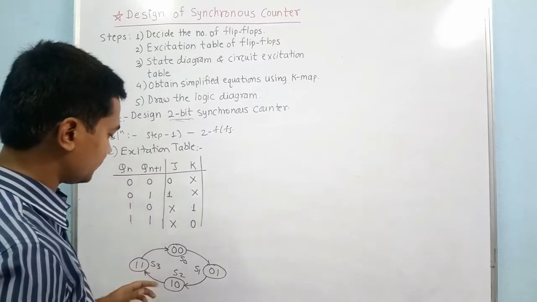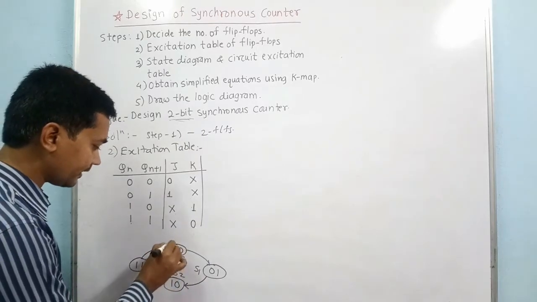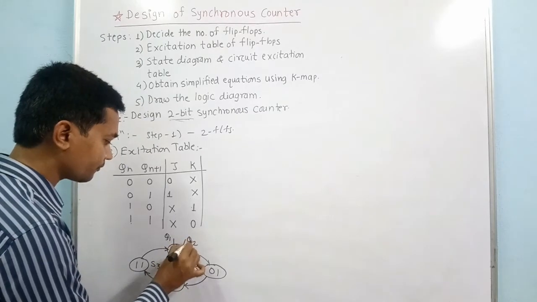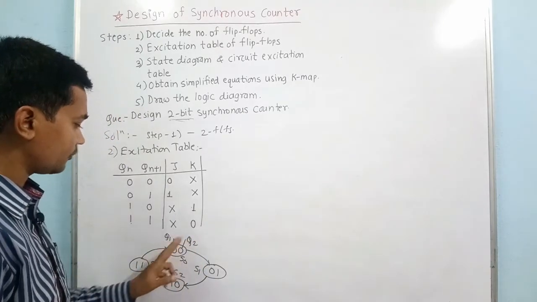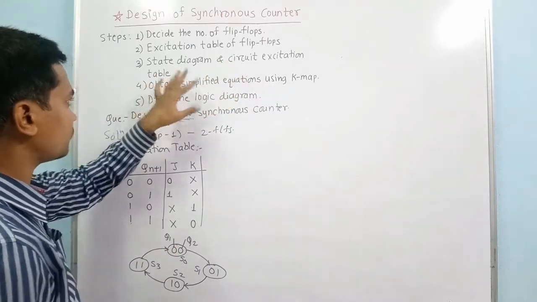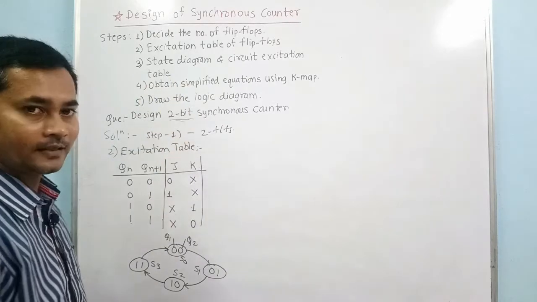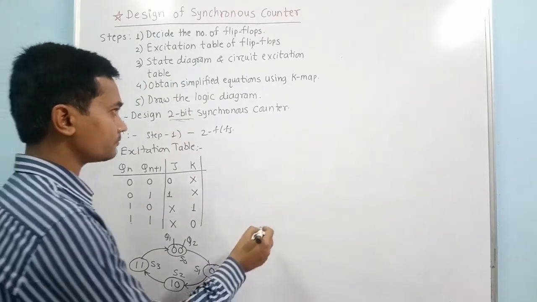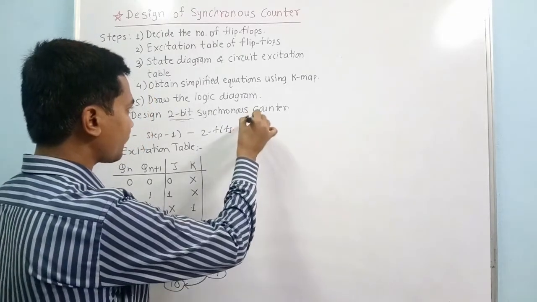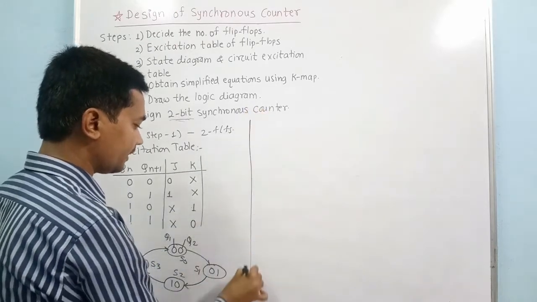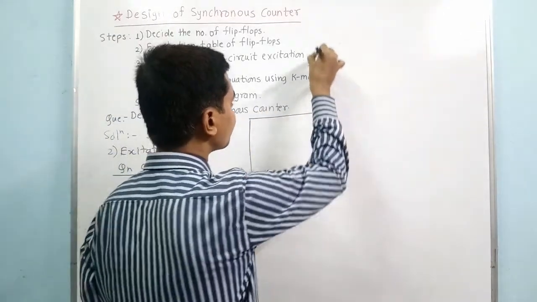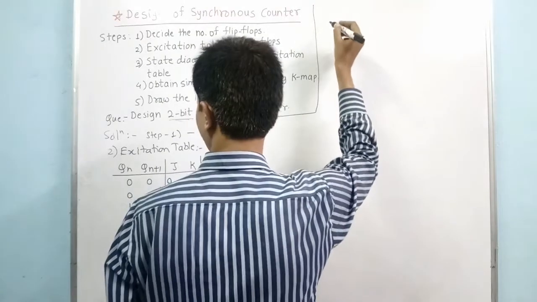Okay, now we can call individual bits as Q1 and this second bit we will call as Q2. Okay, so Q1 and Q2 are the two outputs. Now the circuit excitation table that we have to draw now. So the circuit excitation table can be drawn as, again one more table. So I will simply write here, circuit excitation table.